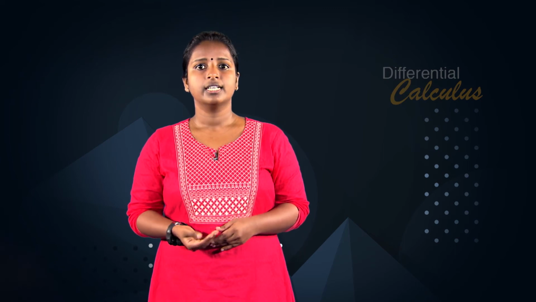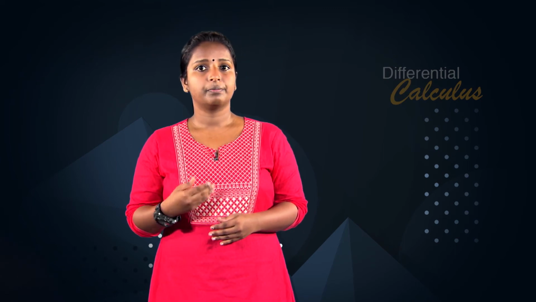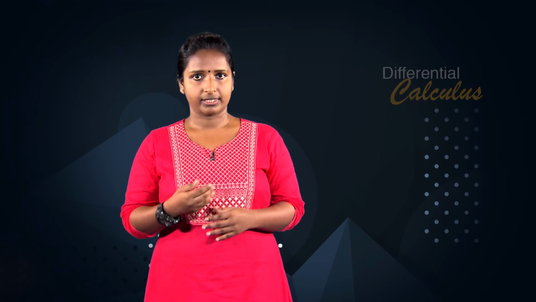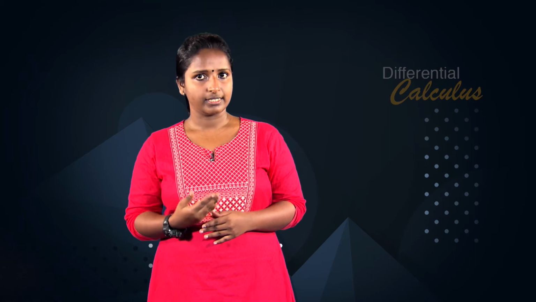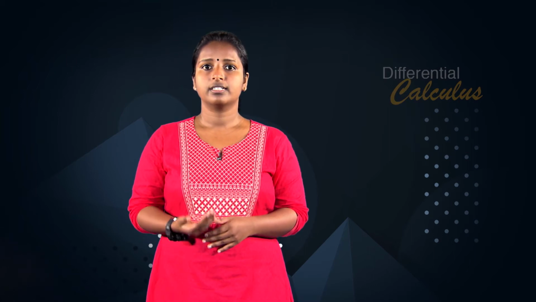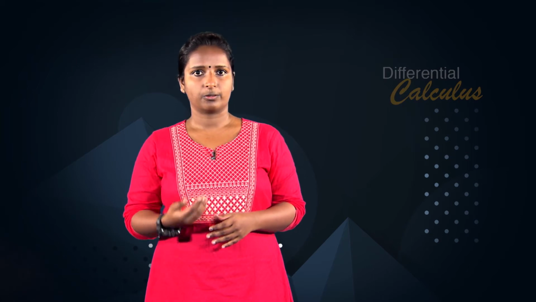For this reason, the set of points at which the power series in x converges is called the interval of convergence. If a power series in x converges only at x equal to 0, then the interval of convergence is the singleton set {0}, and we say that the radius of convergence is 0.